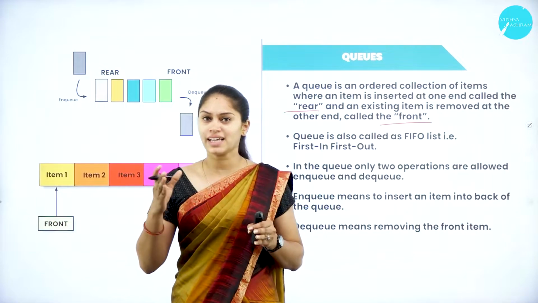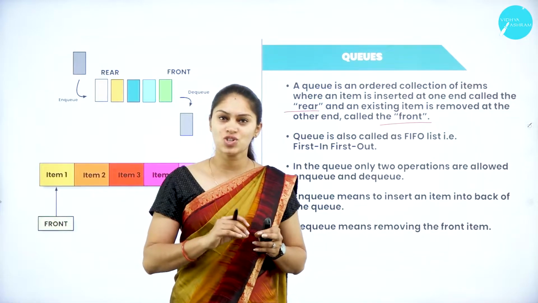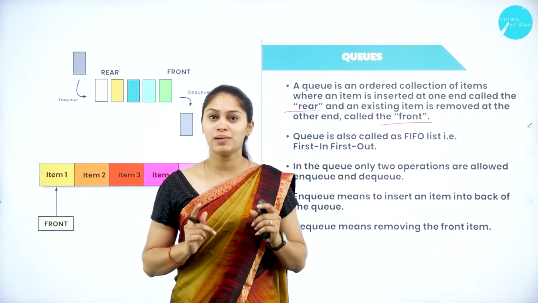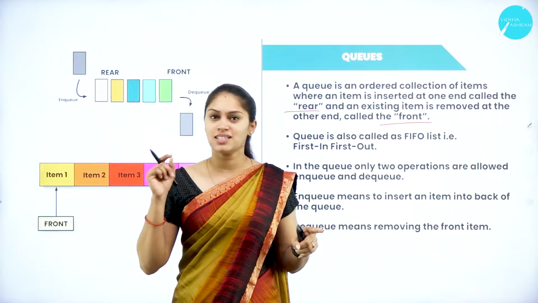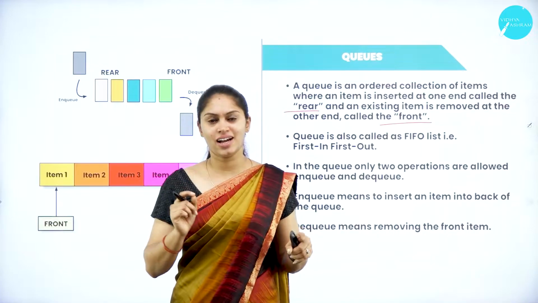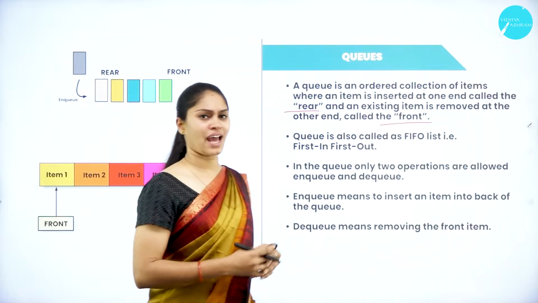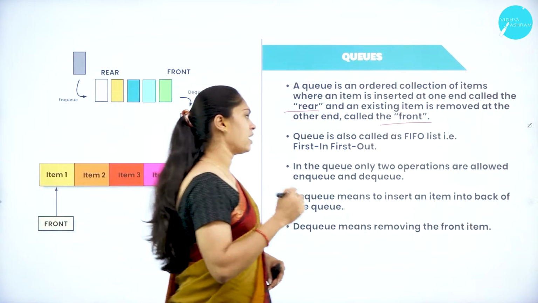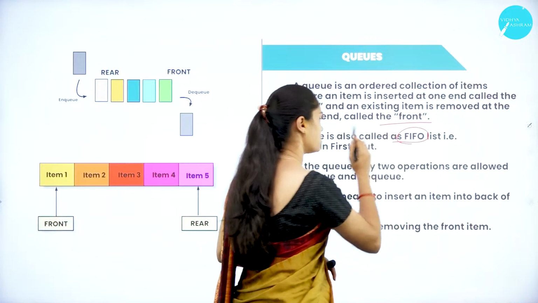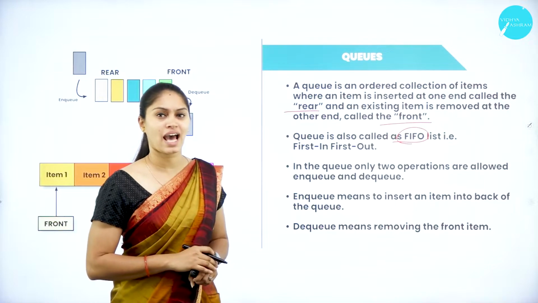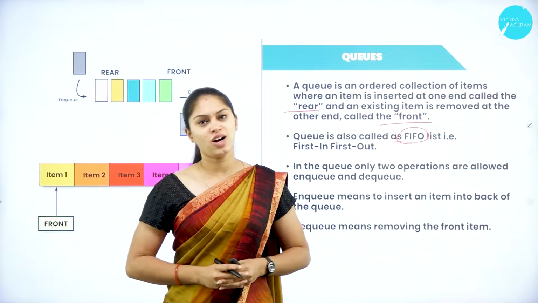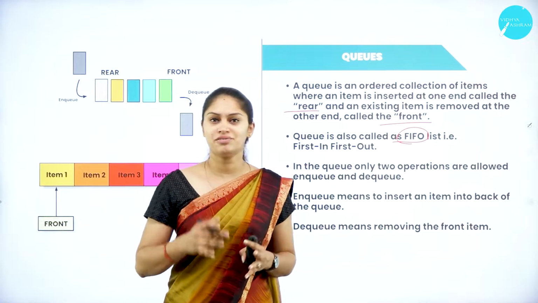It is an ordered collection of elements. Insertion and deletion take place at different ends. Insertion takes place at the rear end and deletion takes place at the front end. And then which mechanism does it follow? It follows first in, first out, which we can call FIFO. So how does it work with first in, first out?